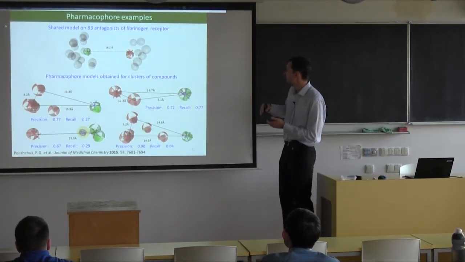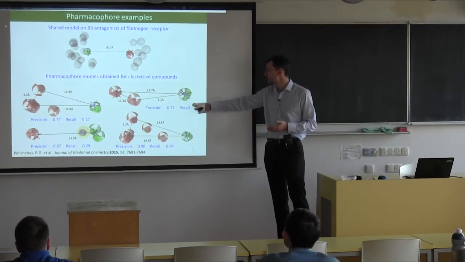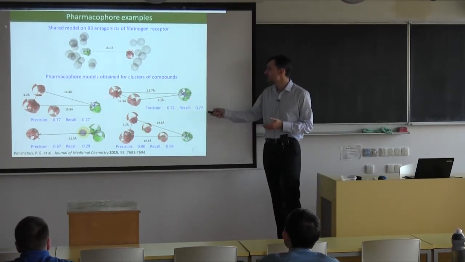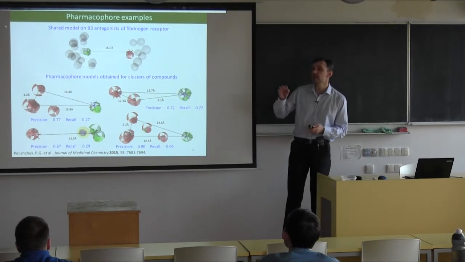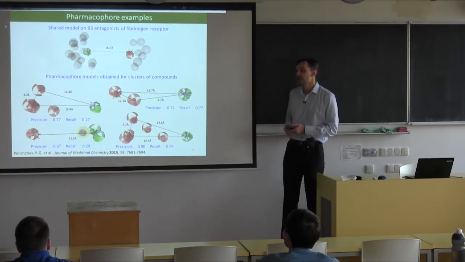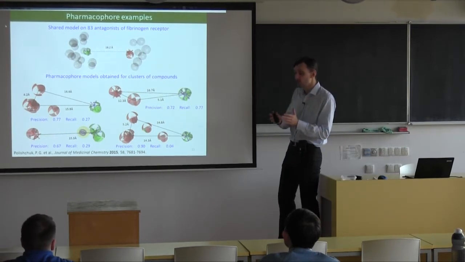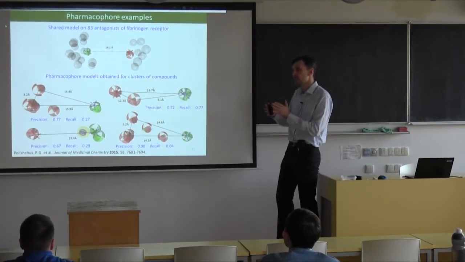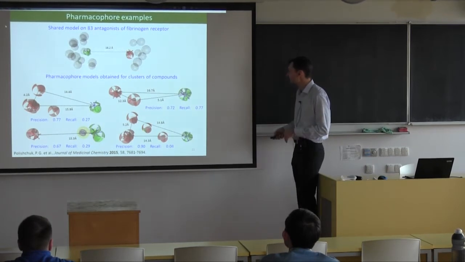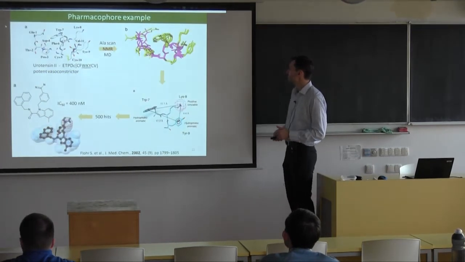This is just one of the possible explanations, that compounds belonging to different clusters have really different binding modes. That's why sometimes it is reasonable not to analyze all compounds as a whole, but to split them into subsets on a reasonable basis to discover such things.